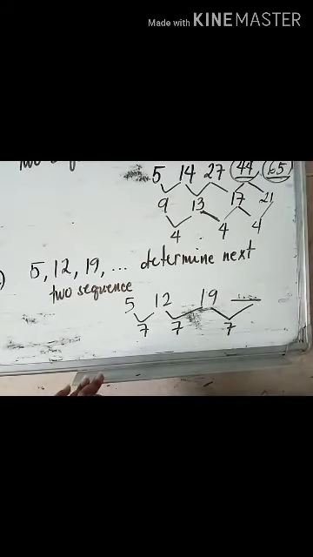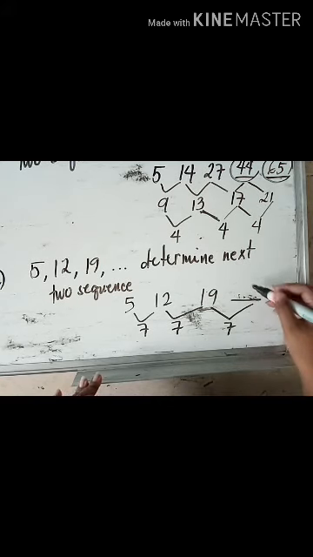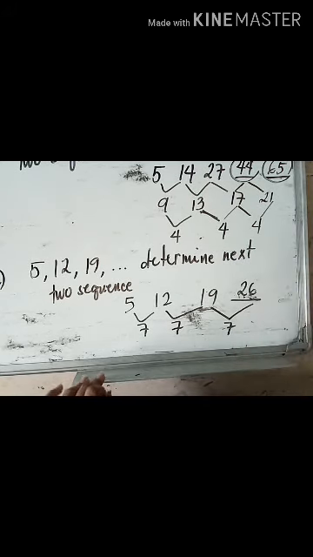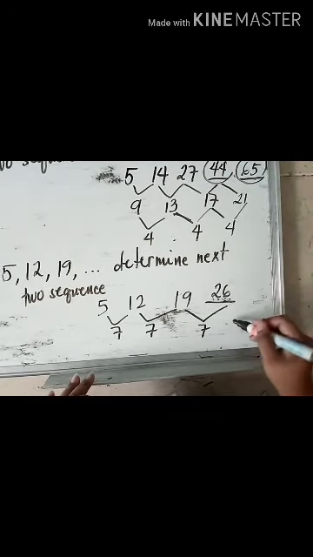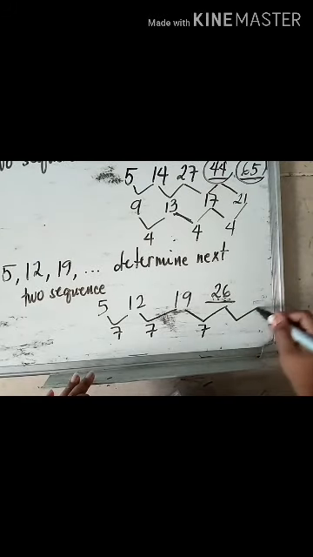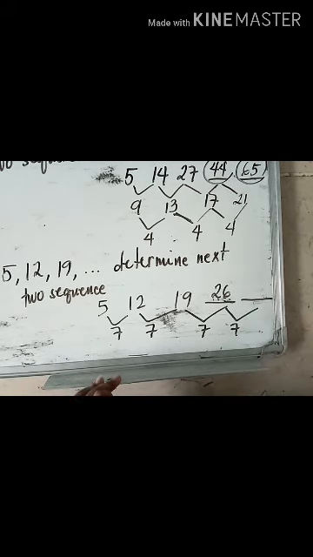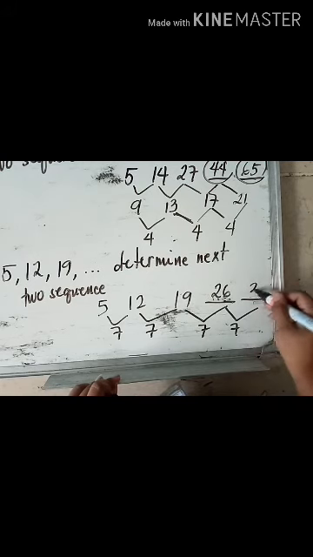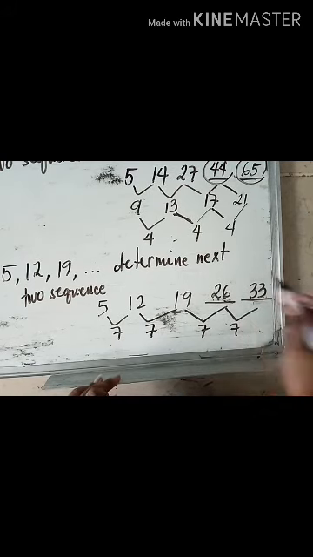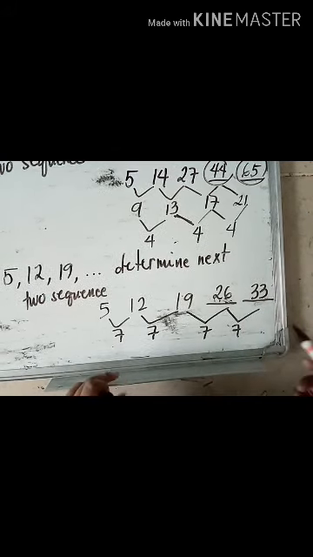So 19 plus 7 is 26. Then we add 7 again. So that is 26 plus 7, that is 33. So this is now the sequence.